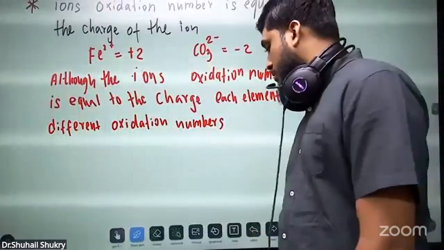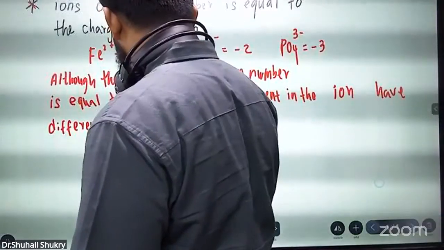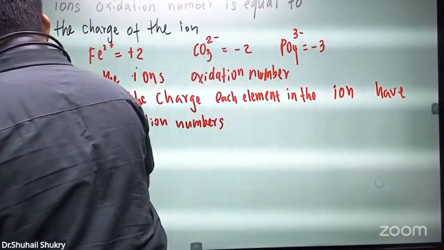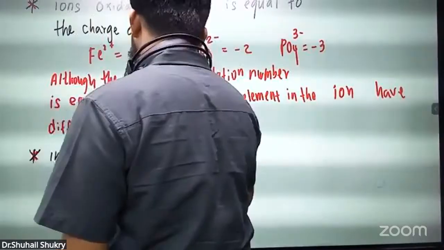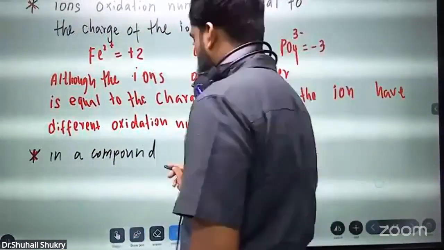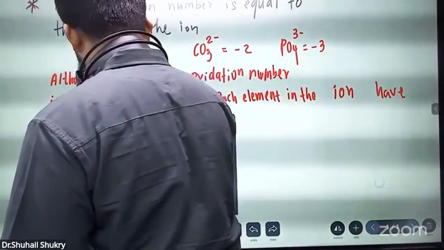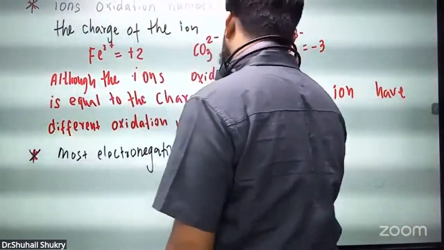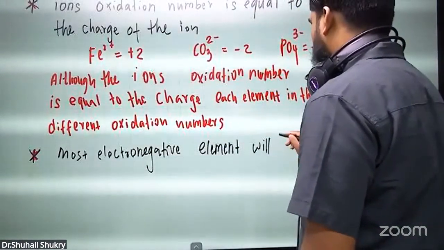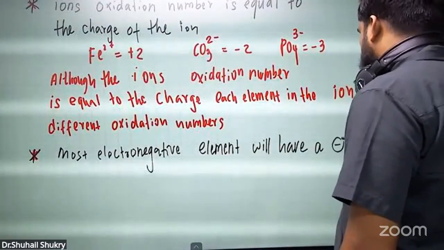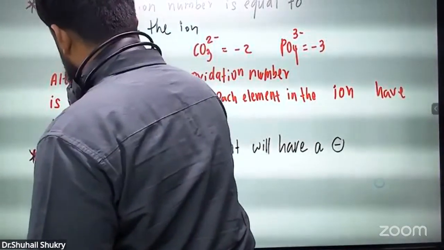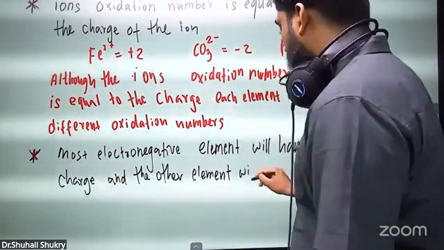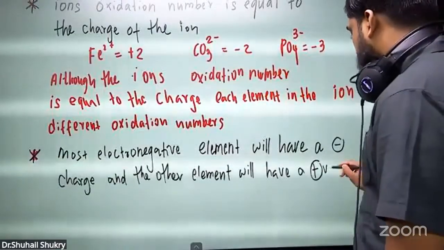Another point: in a compound, the most electronegative element will have a minus charge, and the other element will have a positive charge.